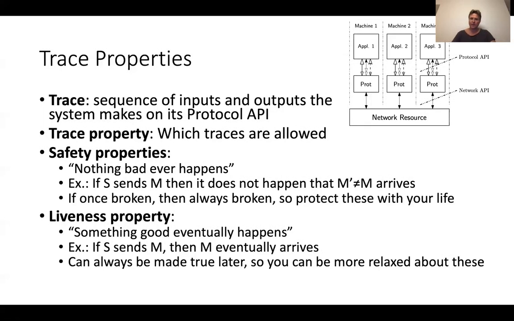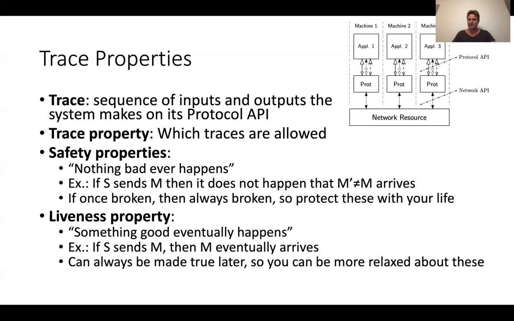We often also throw in the extra condition that at any point in time where a liveness property is false, there should be a possible future in which it becomes true. In this example, starting from the point where the message was sent, the liveness property that the message arrives can always become true at some point, namely if the message arrives. So that's an example of a liveness property.